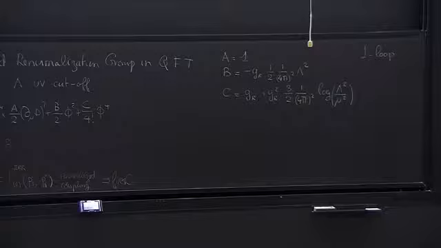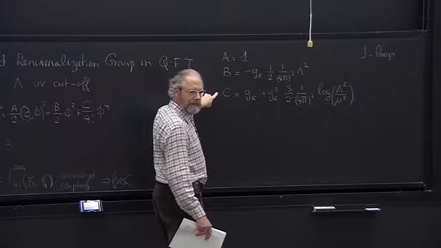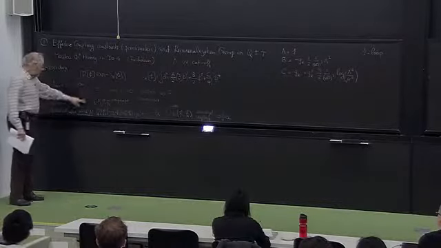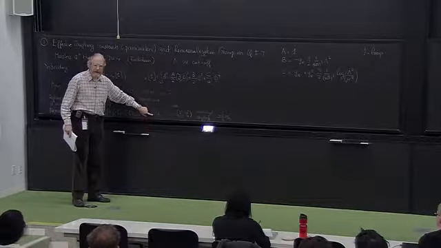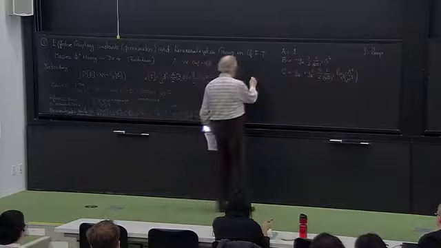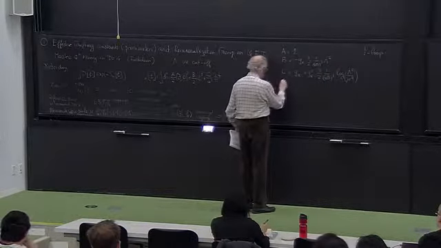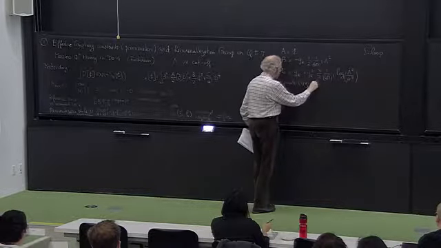And if we make this choice for the bare action, compute the irreducible function, express them in terms of GR, what we get is some ultraviolet finite n-point irreducible function.